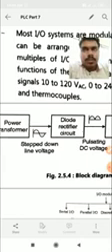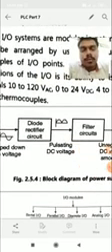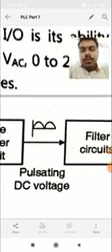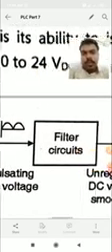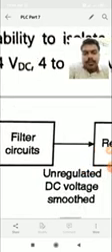The PLC operates on DC voltage, but this is still a stepped-down AC voltage. So it is converted into DC by a diode rectifier. The output of the diode rectifier circuit will be pulsating DC, not pure DC. So we have to remove this unwanted part with the help of a filter circuit.